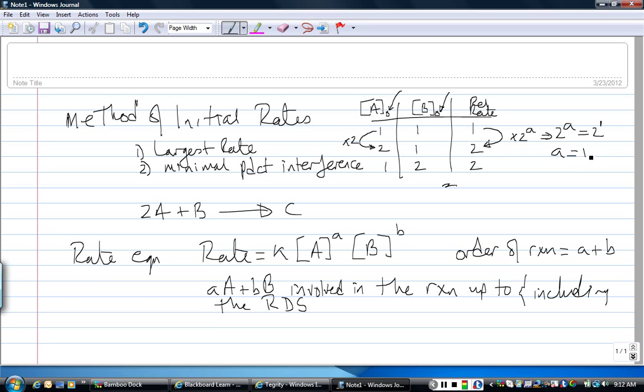And of course you notice that this 1 is not 2, because the coefficient in the stoichiometric equation does not dictate the value of the order. Although, as we said in class last day, it does dictate the maximum order.